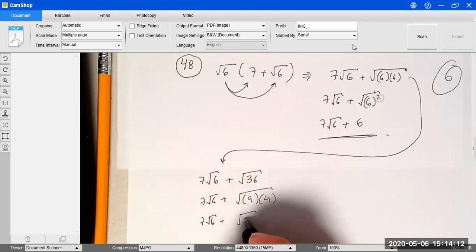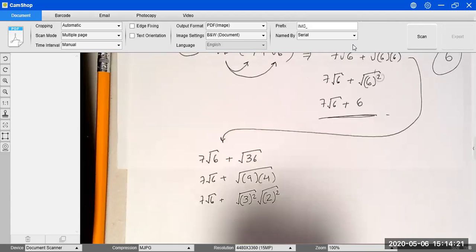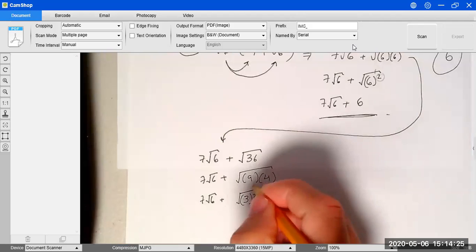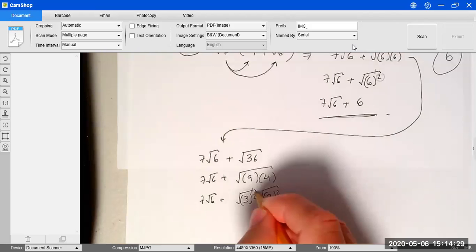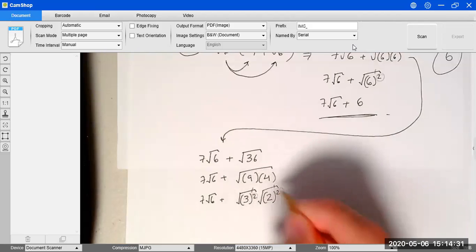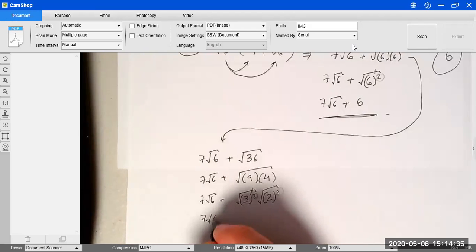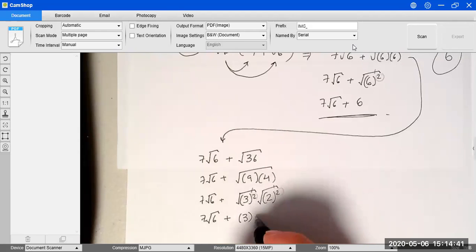So the first one is going to be the square root of 3 squared, and the second one is going to be the square root of 2 squared. So now you're going to cancel again radicals and exponents of the same order. Like, for example, this is index 2, exponent 2, index 2, exponent 2. So you get at the end 7 times the square root of 6 plus the radical here was 3, the other radical here is 2.